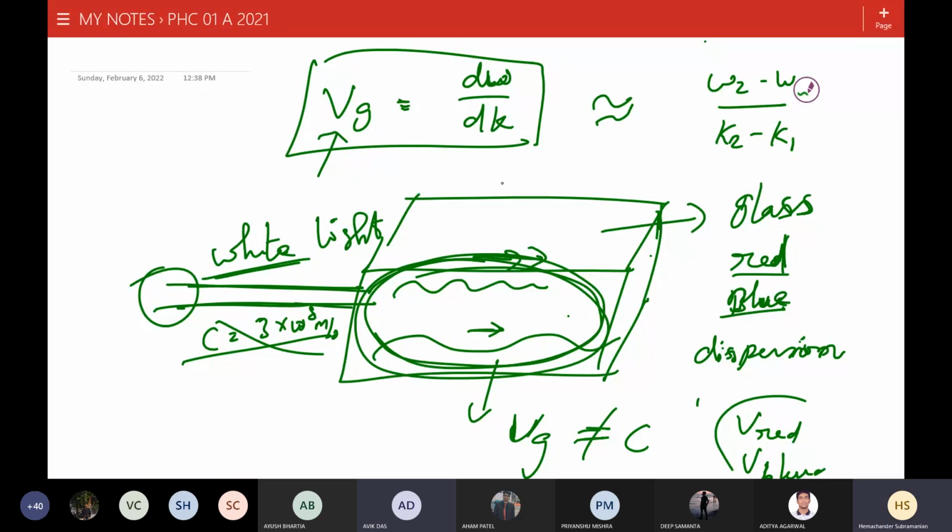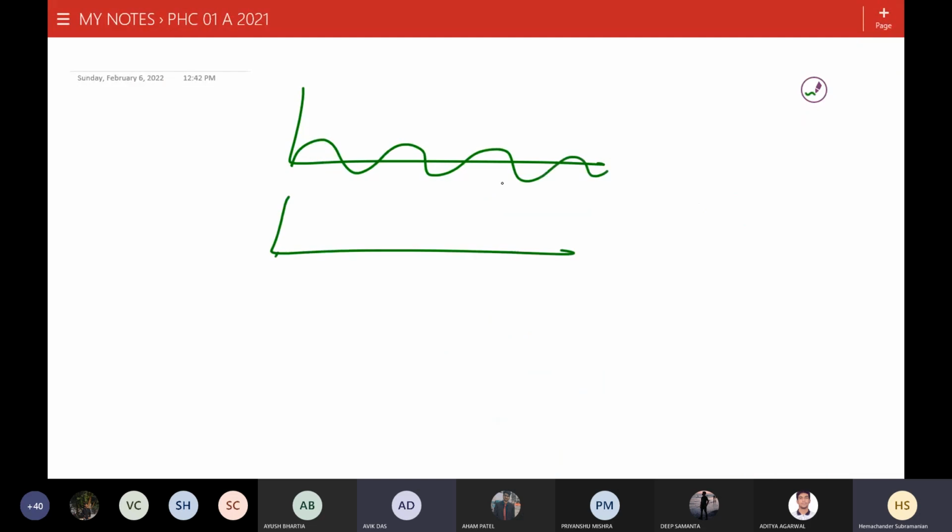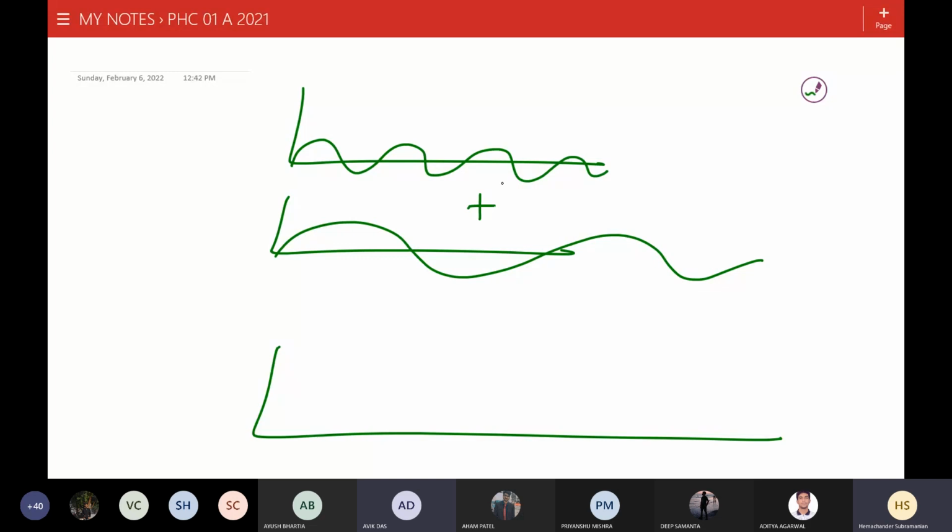It is the velocity of the total of all the light waves. If you add all the waves, let's say you have blue light and you have red light, and you add them together, you will see something very different. I cannot draw it, but the phase velocity of this is different from the phase velocity of these.